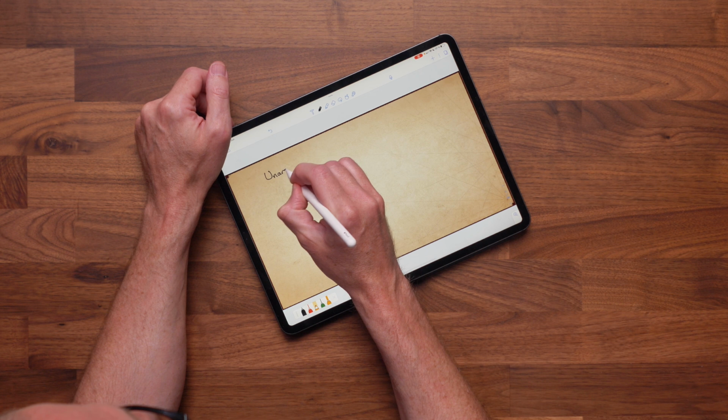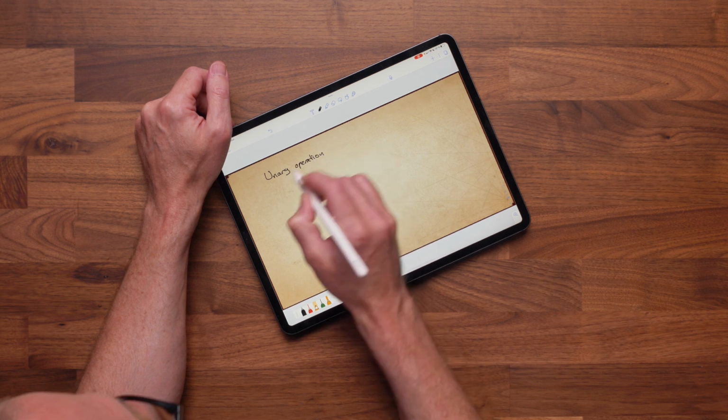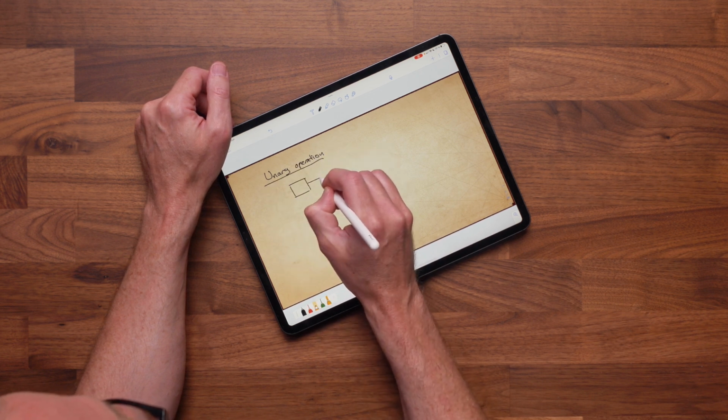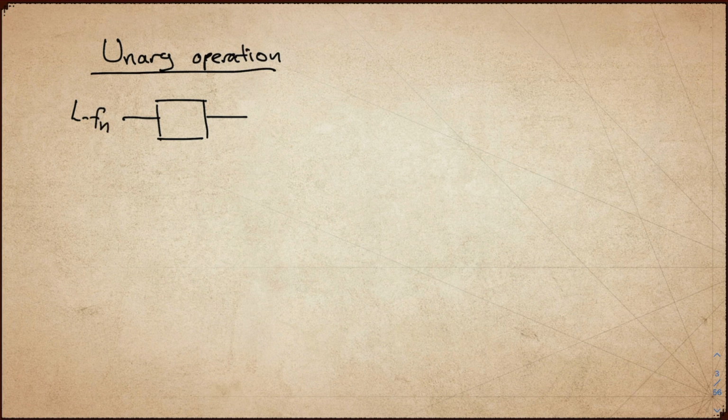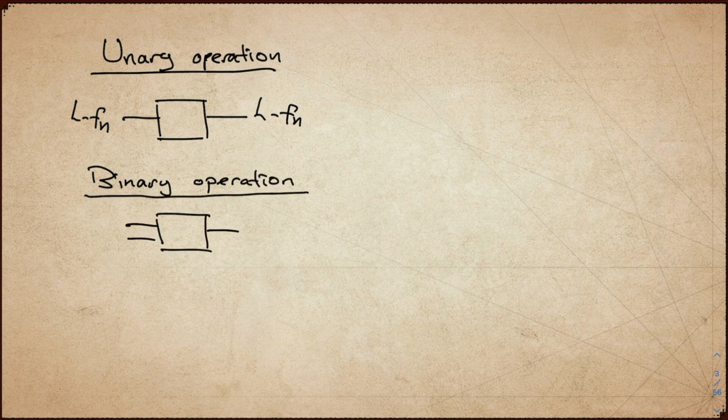That could be a unary operation where you give an L function as input and get an L function as output, or a binary operation where you give two L functions as input and get one L function as output. For example, the symmetric square was a unary operation and the sum, or direct sum, was a binary operation.